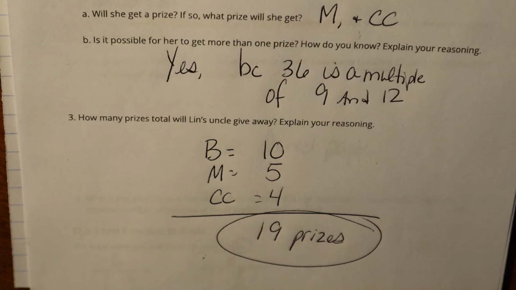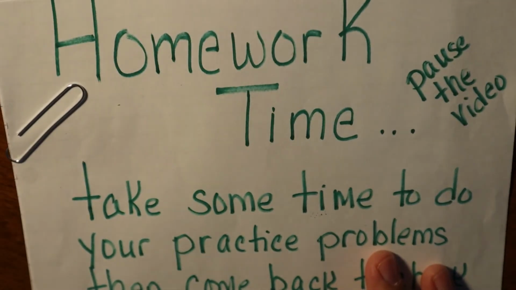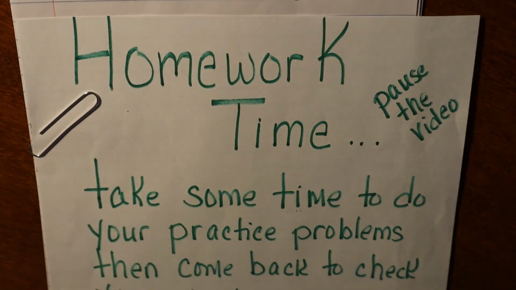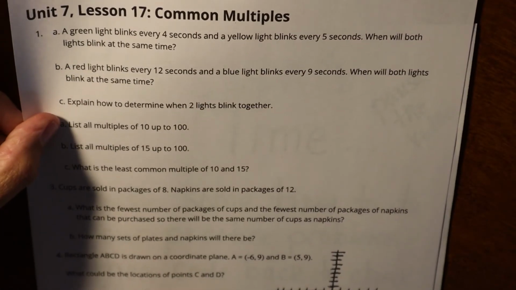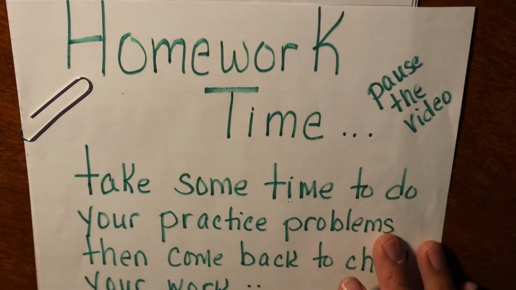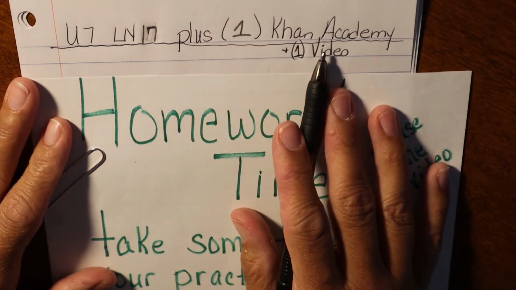All right. So that is the lesson today, which means it is your homework time. You're going to pause this video and do your 5 practice problems. There are only 5 today, and I have loaded the PDF in Google Classroom. You're going to come back and check your answers on the video. Then you have 1 Khan Academy video to watch.